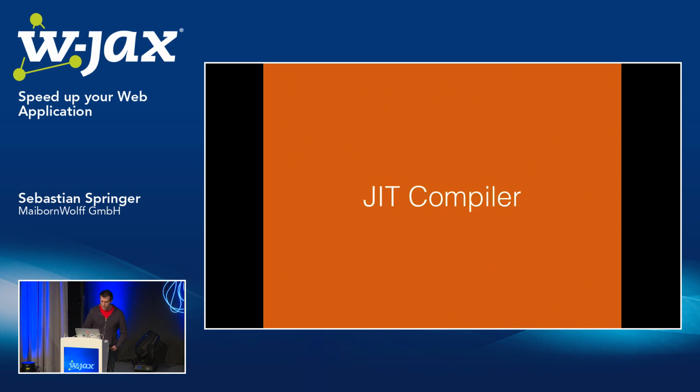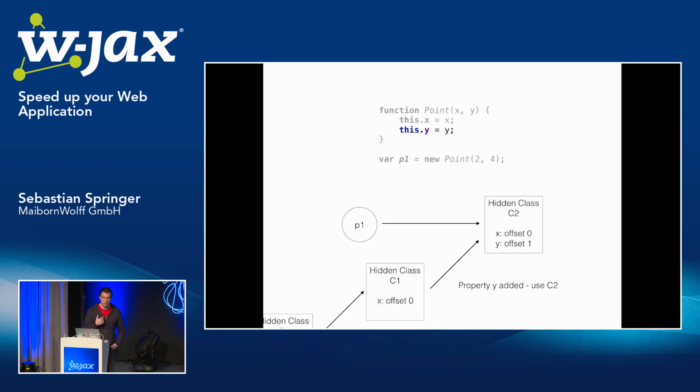And this is one of the reasons why you should use the class syntax, because then you access the properties in the same order. You access first the X and then the Y, and then you have class C0, C1, C2. And for the next point object, you have the same transition.